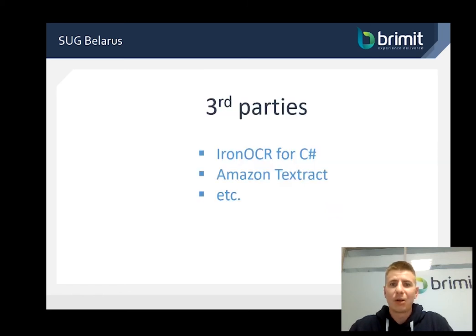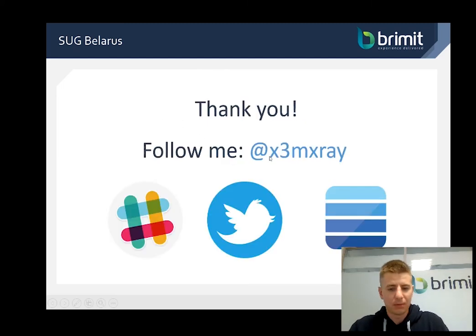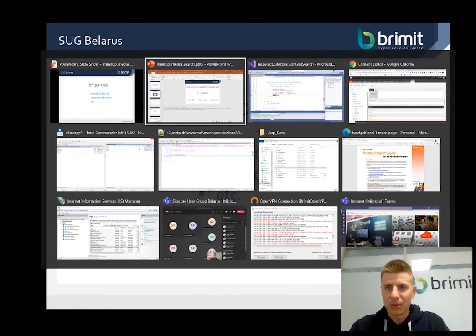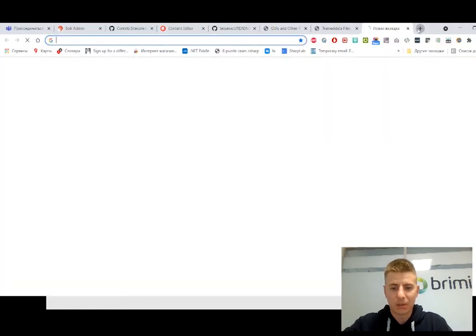And of course, there are a lot of third parties. For example, one of the famous ones is IronOCR. It's the same code that I implemented, but let me show that.